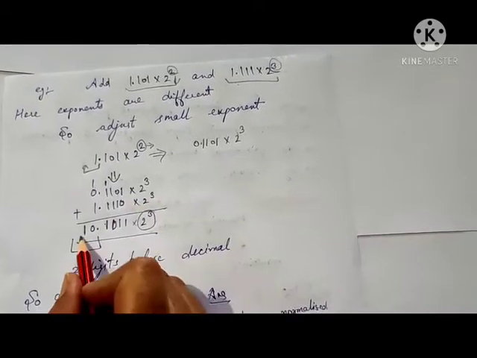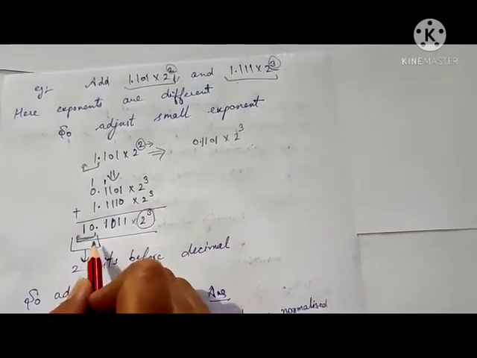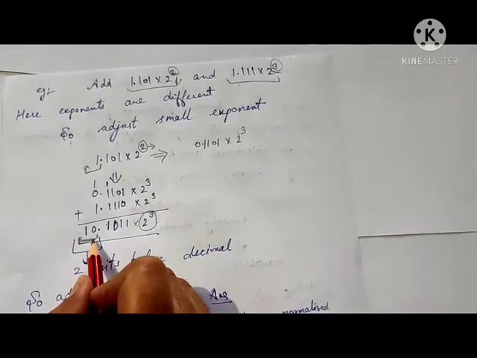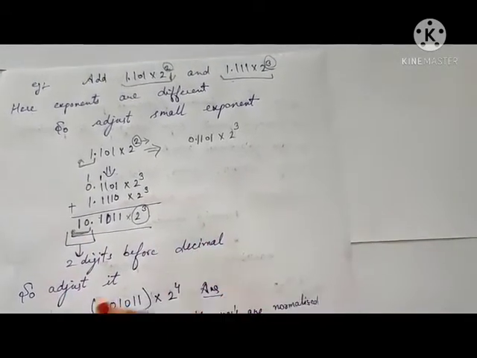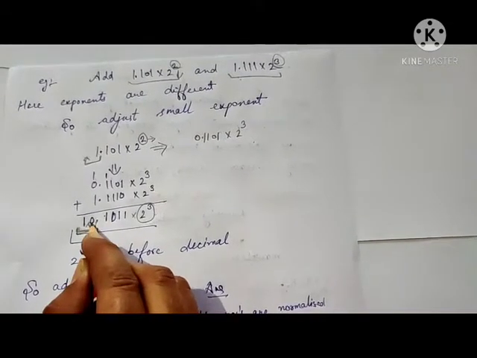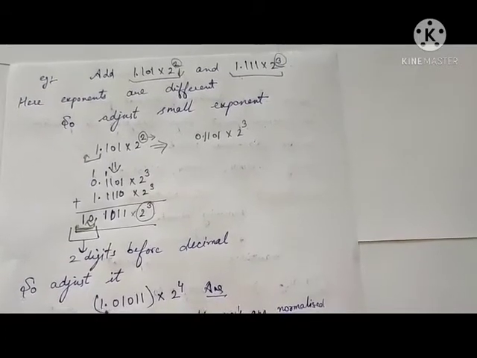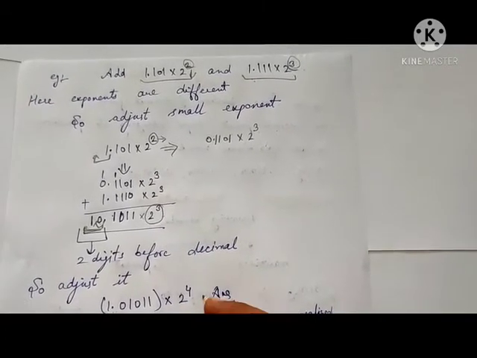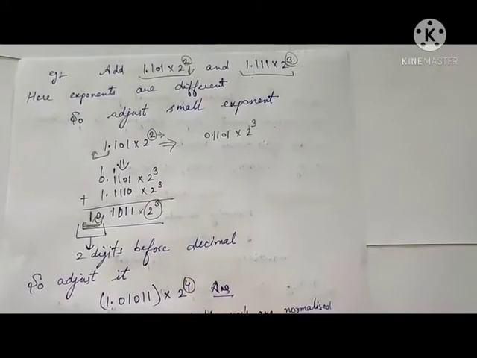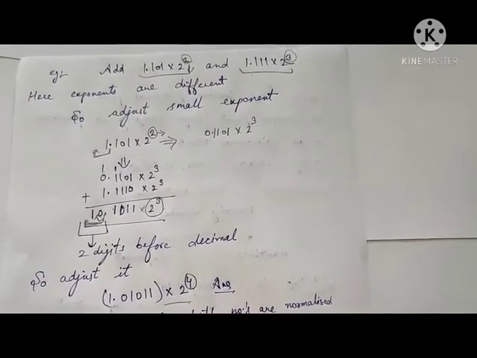Here, see students, before the decimal point there are two digits. We have to adjust these digits. So for that I move the decimal point to the left side like this. When we move the decimal point to the left, the exponent is increased by 1. So this is our answer.